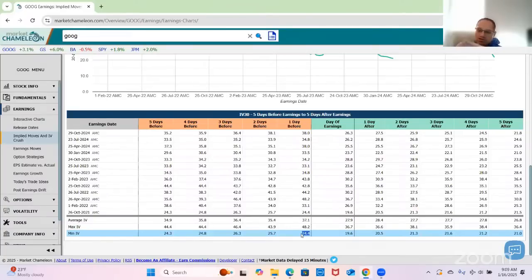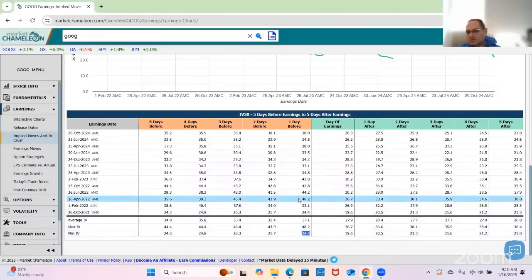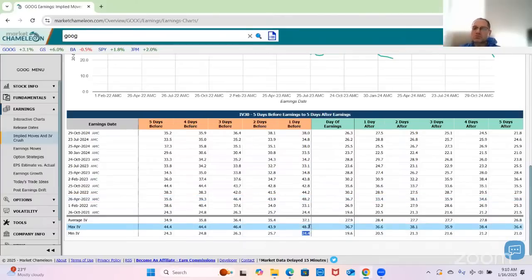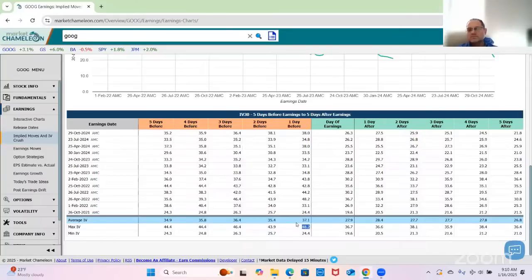And this is important too, because if we were below average or above average, with the upcoming earnings, we could also see how far away we are, or how close we are to the historical high or low range. If we're a little bit below, 35, 34, we could see that it's still closer to the average than the low. And if we're trading like 39 or 40, we're still above the average, but not at the high range of the historical average.